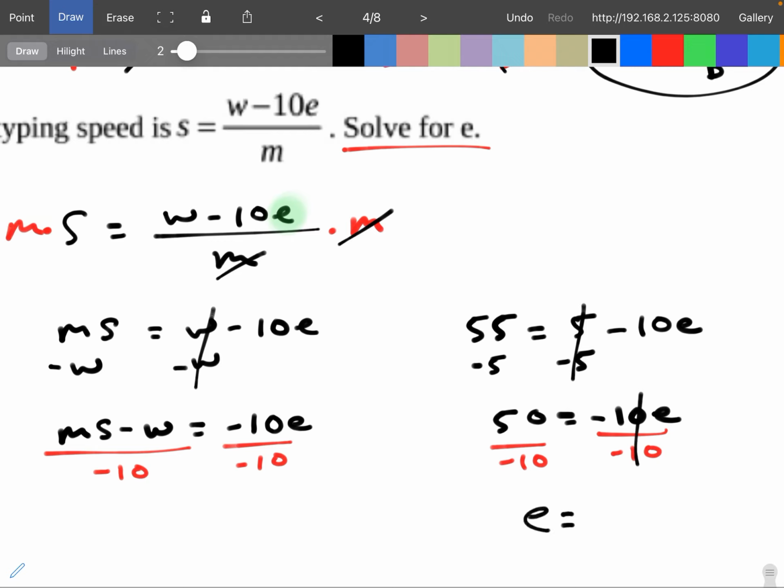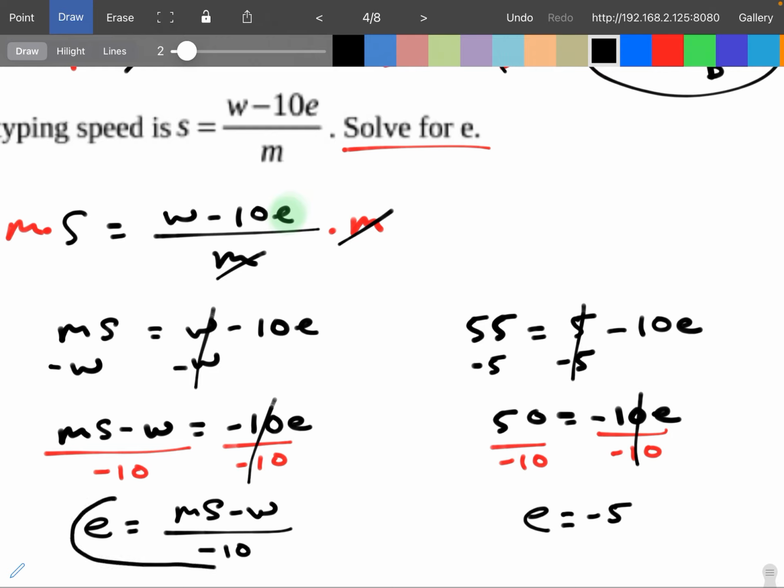On this one, the negative 10s would cancel out and make a 1, and I would get e equals 50 divided by negative 10, that'd be negative 5. On the equation on the left, again, negative 10 divided by negative 10 is 1. So I would get e equals m times s minus w, all over negative 10. And I'm just going to leave it like that.